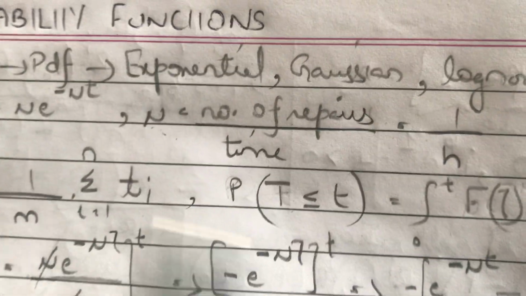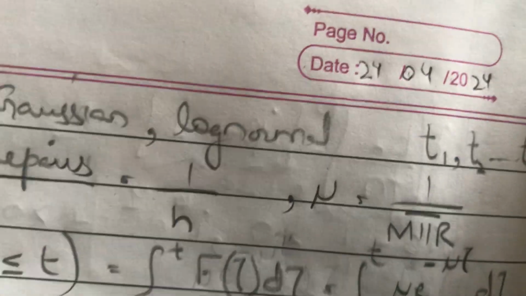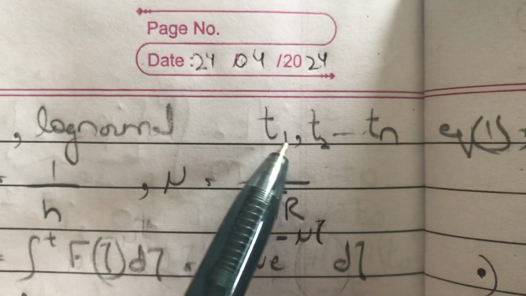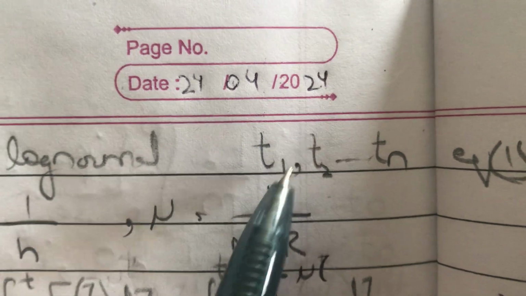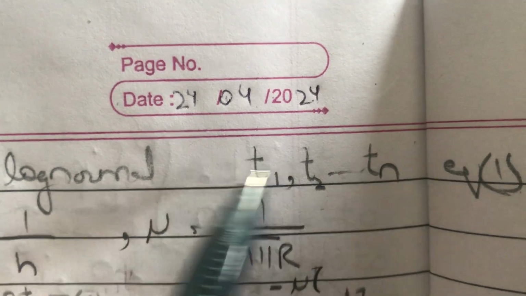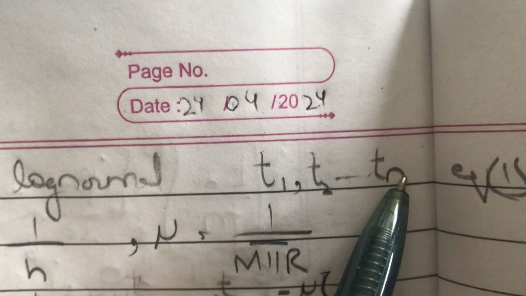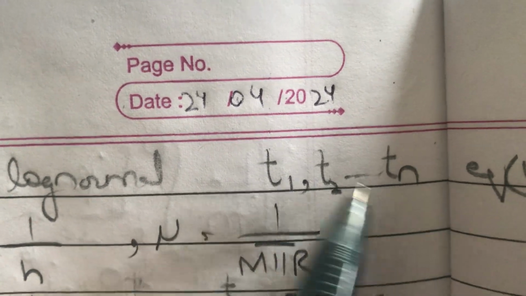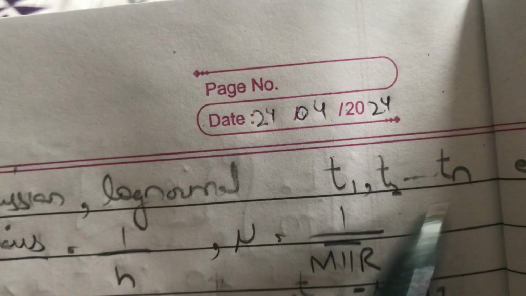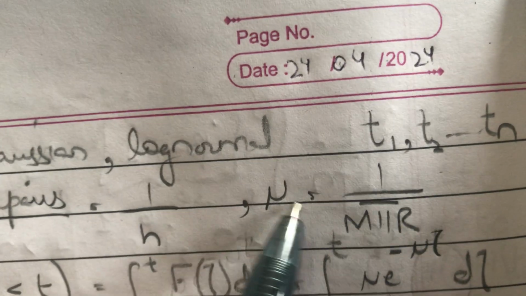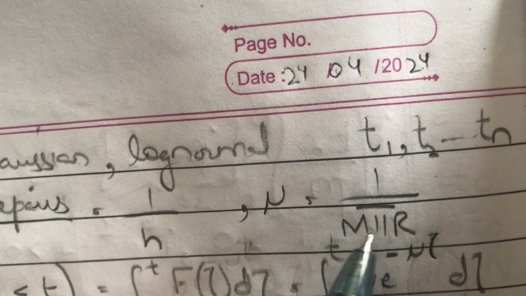Got it? And t_i ranges over t1, t2, to tn. So that is the t_i here. And mu is also known as 1 over MTTR.